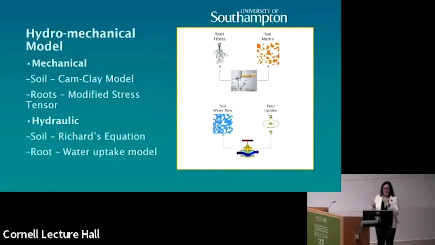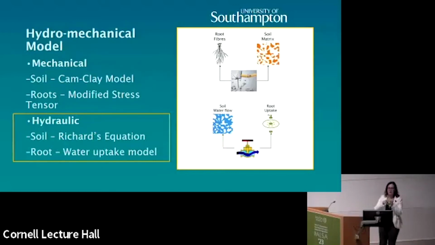And what we are finding is that the main factor actually is the tension bit, not the fact that they are there as a sort of fiber reinforcement. It's actually the fact that the plant is transpiring in the soil that is the main stabilizing factor.